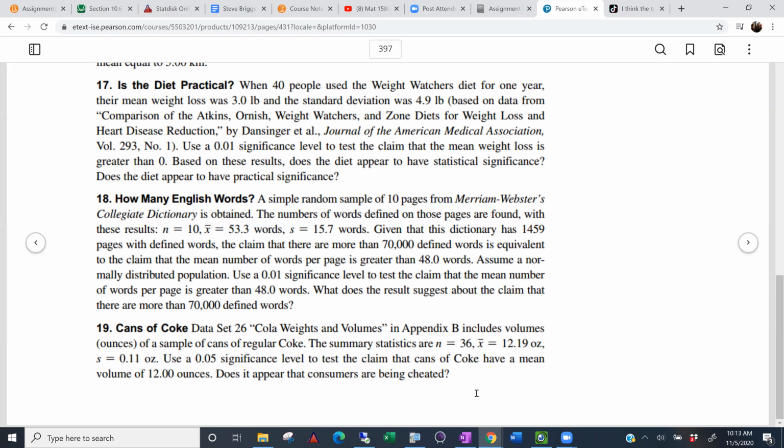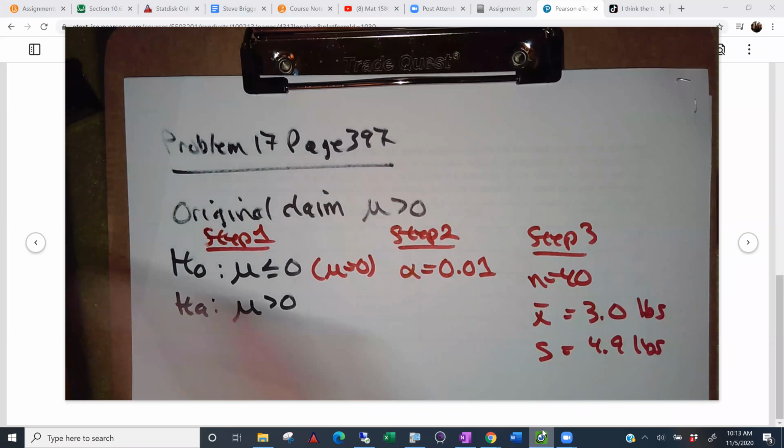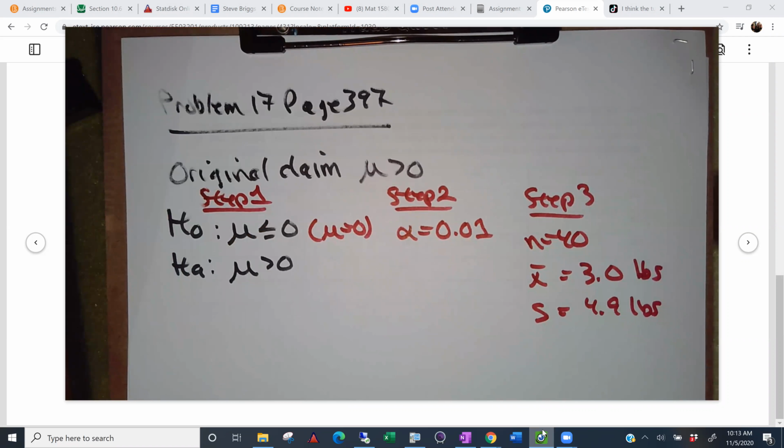So we've got n equals 40. The mean is 3 pounds, 3.0, and the standard deviation is 4.9.